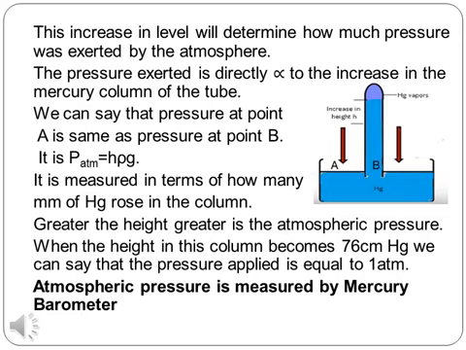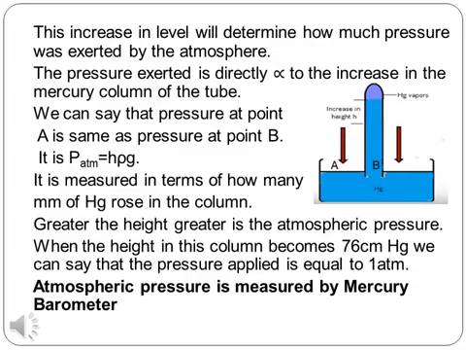So, we can say that pressure at point A is the same as the pressure at point B. It is atmospheric pressure, which is equal to H rho g. It is measured in terms of how many millimeters of mercury, or Hg, rose in the column.